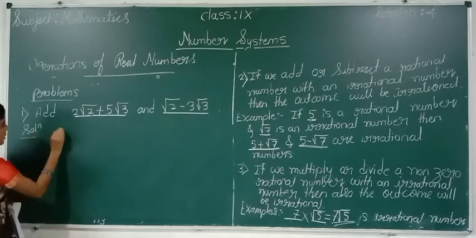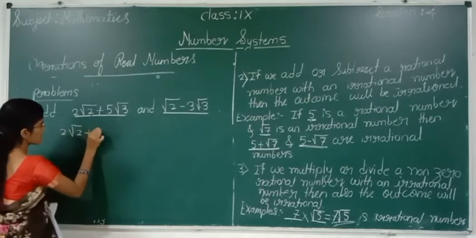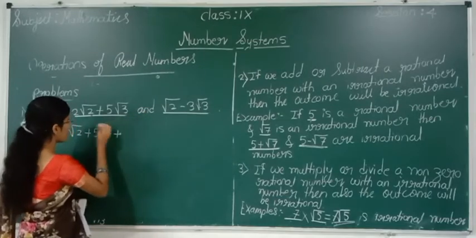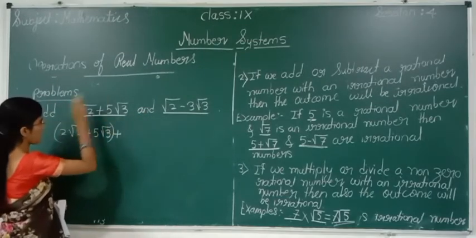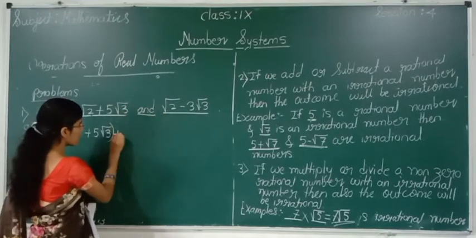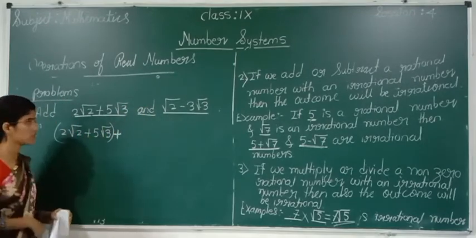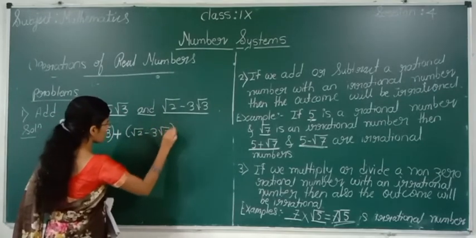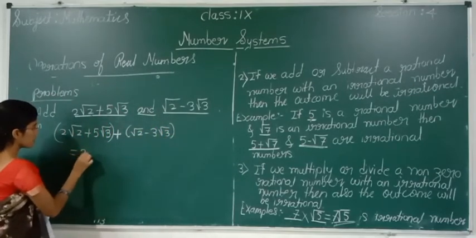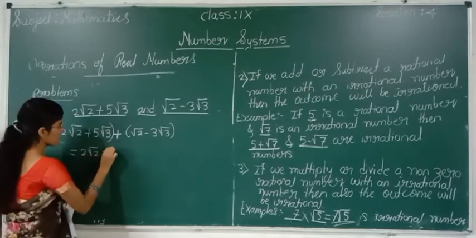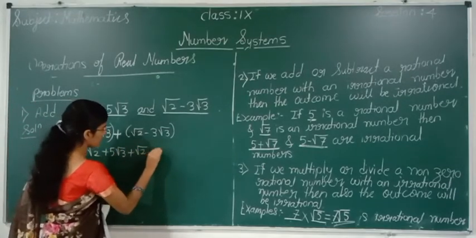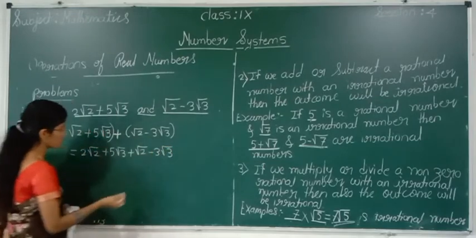Solution: 2 root 2 plus 5 root 3, plus, here we give the symbol of addition, root 2 minus 3 root 3. It will become 2 root 2 plus 5 root 3 plus root 2 minus 3 root 3.